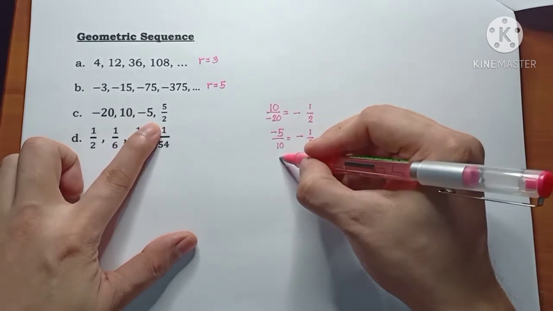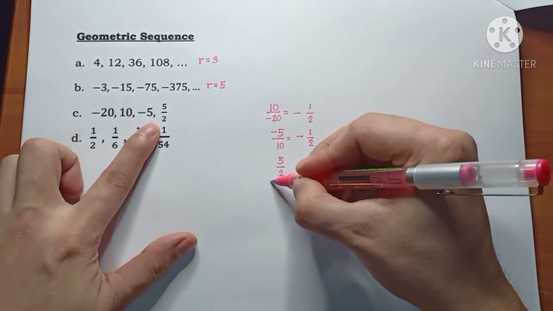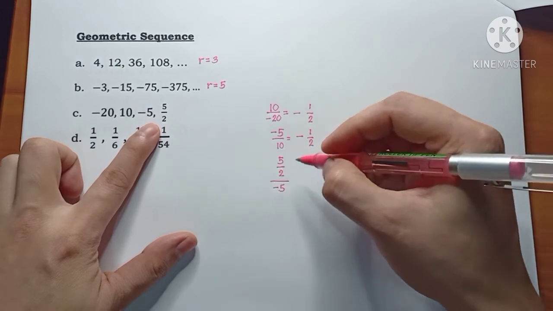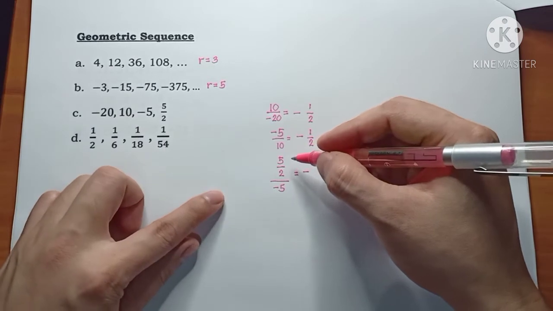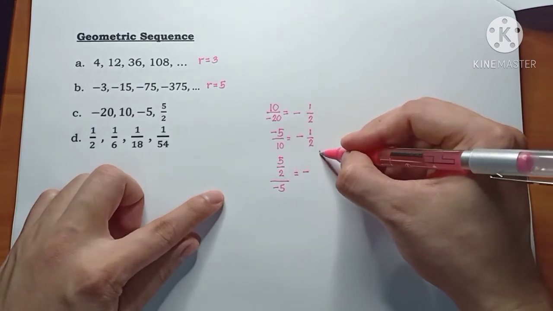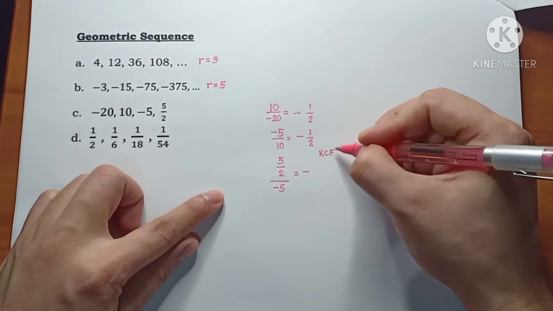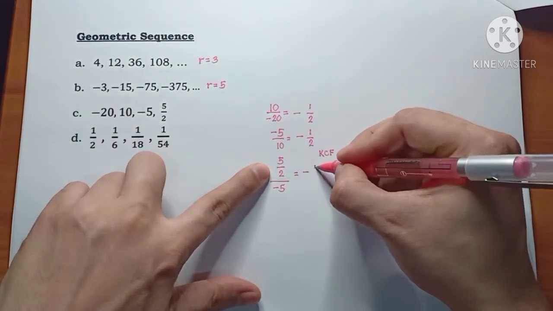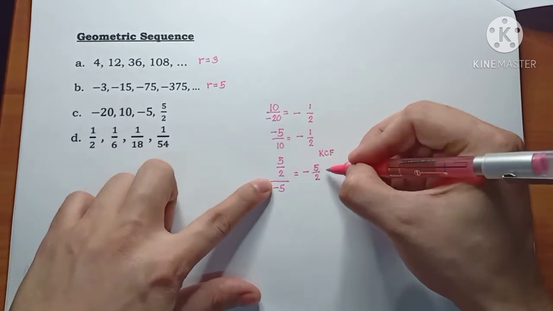And then 5 over 2 divided by negative 5. So positive and negative is equal to negative. And then, kagaya ng ginawa natin, KCF. So, ano ulit ang KCF? That is keep, change, flip. So, keep, ganun pa rin yung 5 over 2. And then, since divide yan, times na siya.